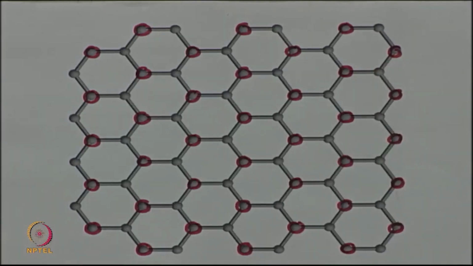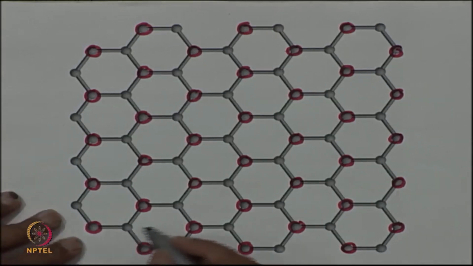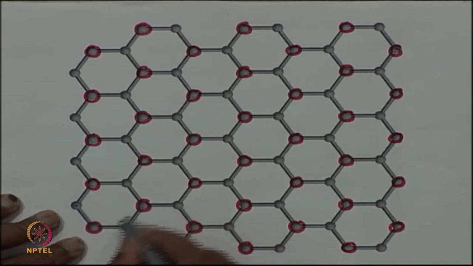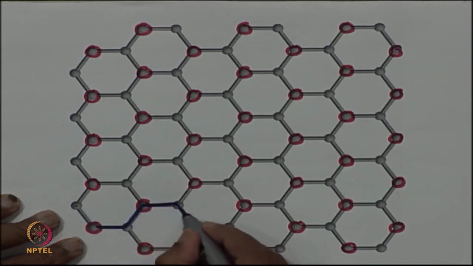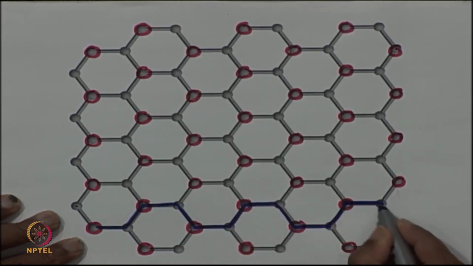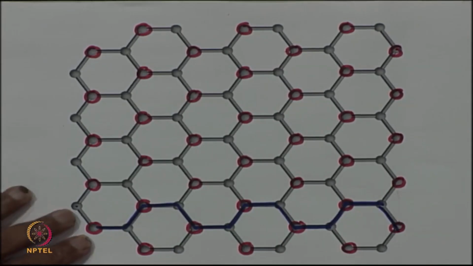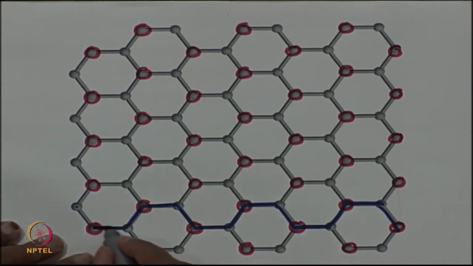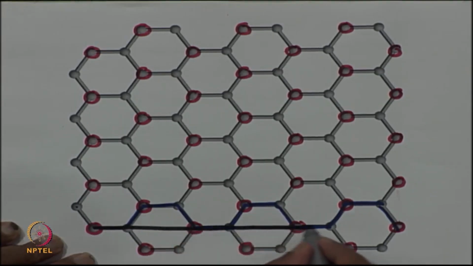So, remember that an armchair along its edge had something like this. Which means that the lattice vector or the chiral vector for the armchair tube will be something like this, what I have shown in black here.